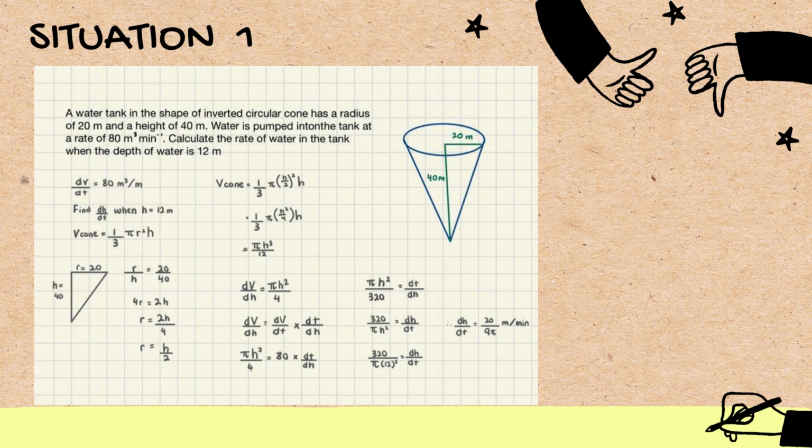Next, we can happily differentiate the volume of the cone with respect to h, and we will get pi h squared over 4. Now we apply the chain rule, which is dV over dh equal to dV over dt times dt over dh.